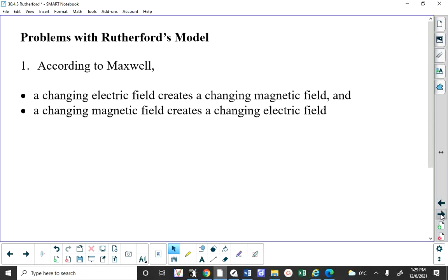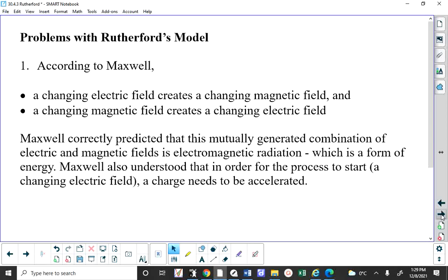If I have an electron trapped in a magnetic field moving in a circle, I'm going to get EMR because that's an accelerating charge. And what Rutherford is saying is these electrons in the atoms are moving in a circle or some kind of orbit. And according to Maxwell, that constitutes a changing electric field, which will create a changing magnetic field, which will create a changing electric field, which creates EMR. That's what EMR is as a wave.